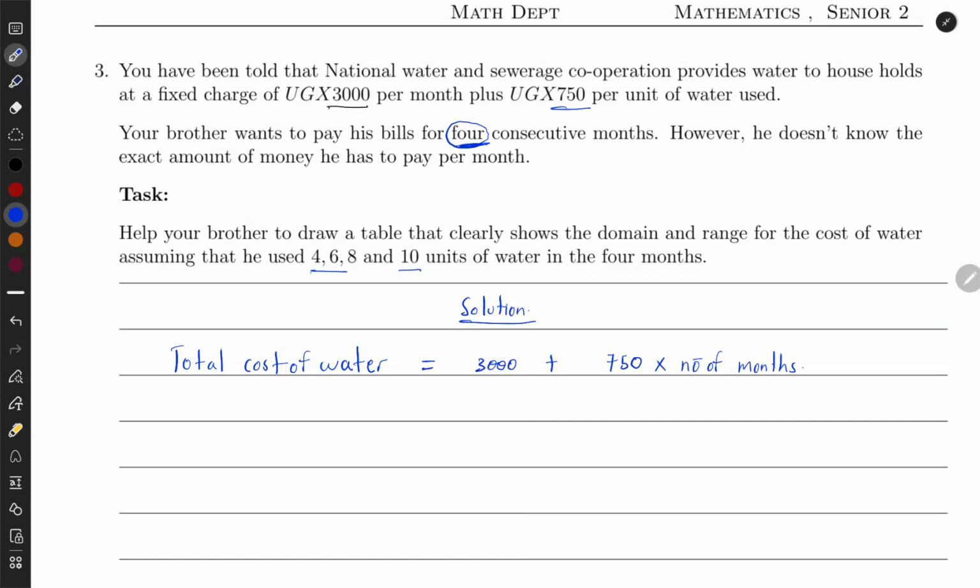So you find that I can write an expression like this, because they say that the 3,000 is paid per month, and after that being paid, they have to add 750 Ghana shillings per unit of water used. So no matter, you always have to pay the 3,000, and then you have to compute the total from the units of water that you spend, which is 750 times the number of units of water.